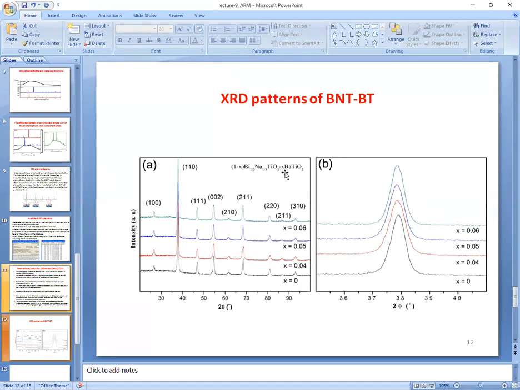If the size of the barium were smaller than bismuth and sodium, then the peaks would shift towards the higher 2 theta values following Bragg's diffraction law. And there is a visible, obvious shift in the 2 theta values, which confirms that the barium ion is larger than the bismuth and sodium ions in the BNT-BT perovskite structure.